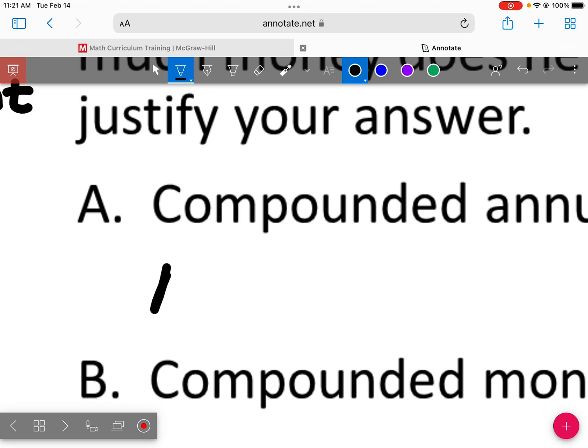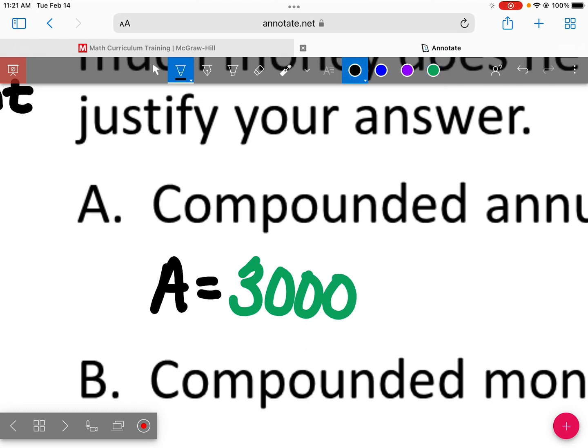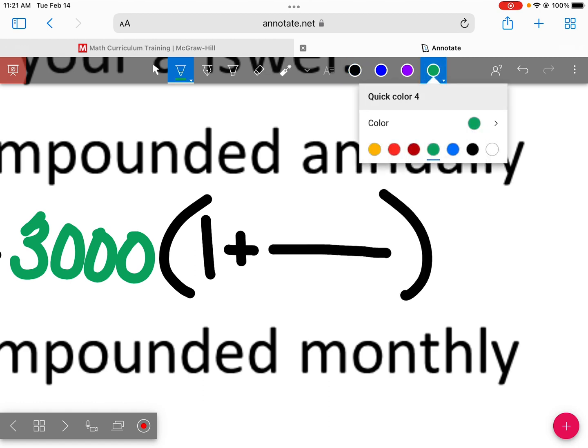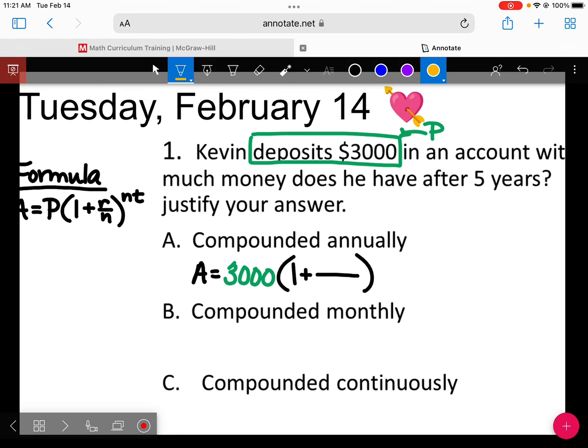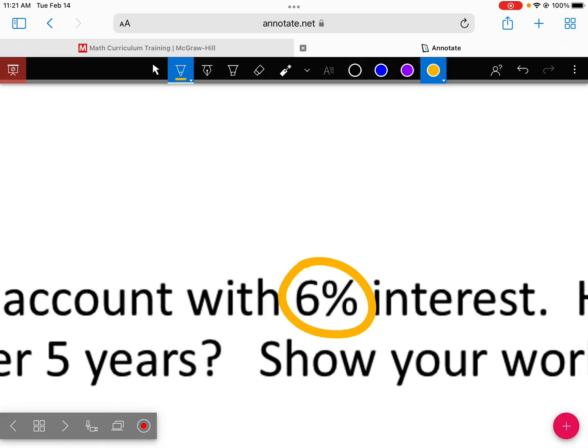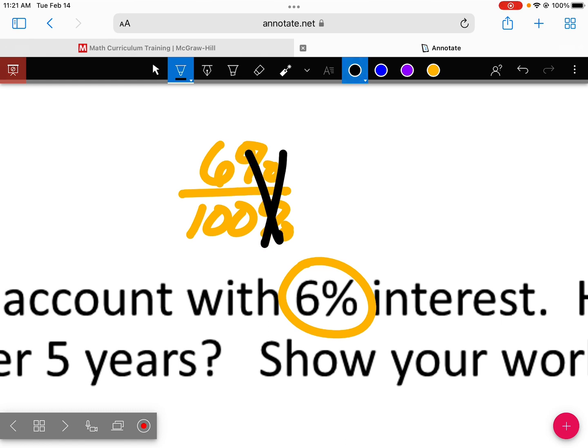So I would have A equals 3,000 parentheses 1 plus, what would I put up on top of the fraction? The rate. What is our rate here? 0.06. We've got 6%. We're going to divide that by 100%. That makes my percent sign cancel out. So we get 0.06. That's what we're going to use for R.